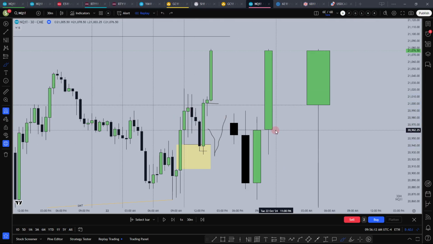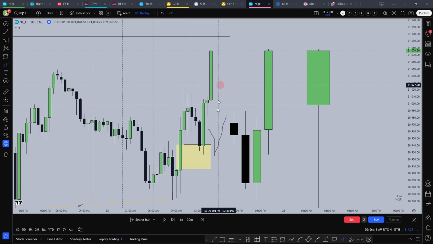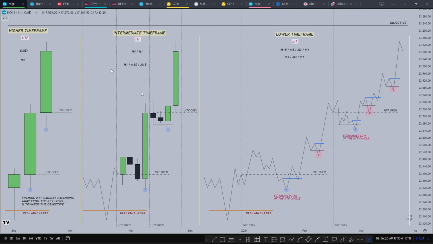The high time frame candle profile is clear now. So you can then frame intermediate time frame candles towards the objective. This example looks a bit more like this. Open low into relevant level, price displacing away from it. You can either frame this candle as well, or after this candle confirms the high time frame candle's profile: open low into relevant key level, established low formed below opening price, so high resistance below opening price.